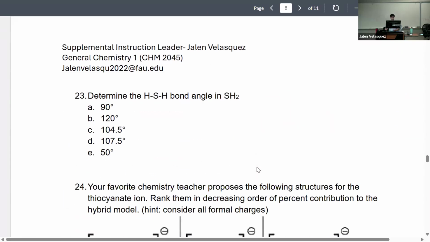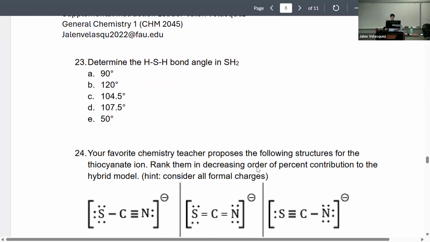All right, next page. Determine the HSH bond angle in SH2. So you first have to draw the structure, right? So what do we think? C, right?